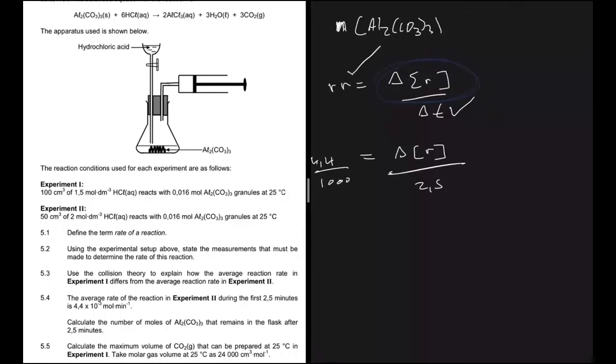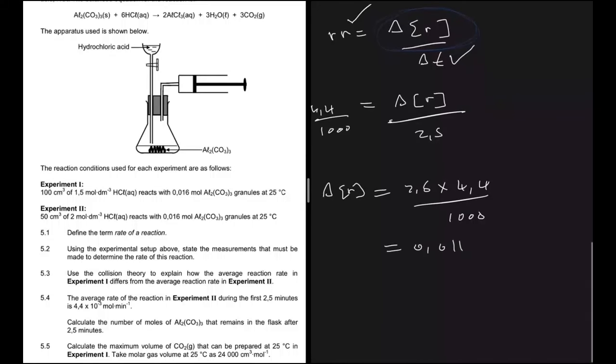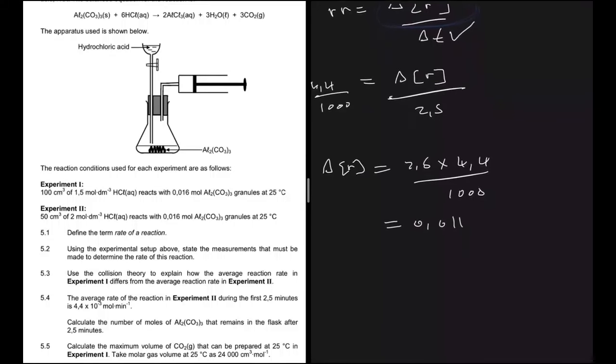Now if you make this change in the concentration of R the subject, we get 2.5 multiplied by 4.4, everything divided by 1000. Let me put that in my calculator real quick and see what I'm getting. That gives me 0.011. So what's the SI unit now?